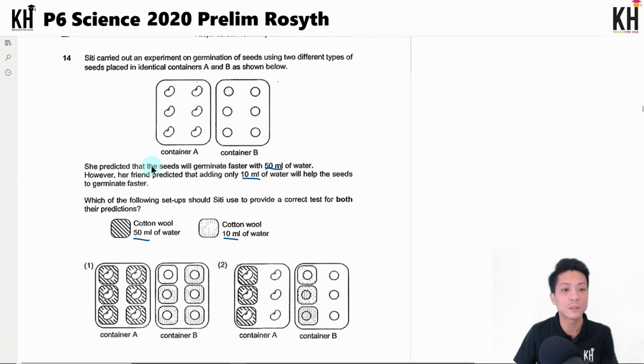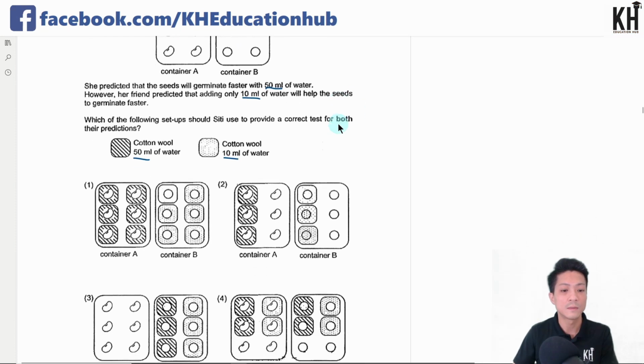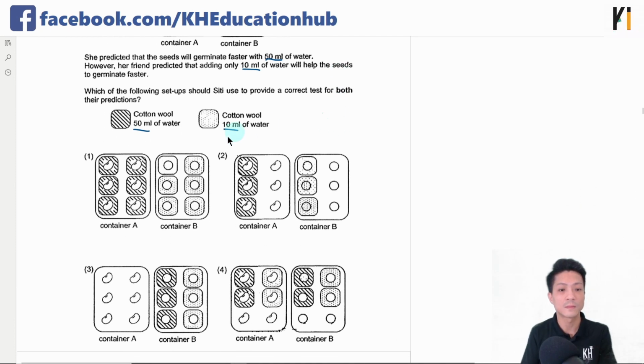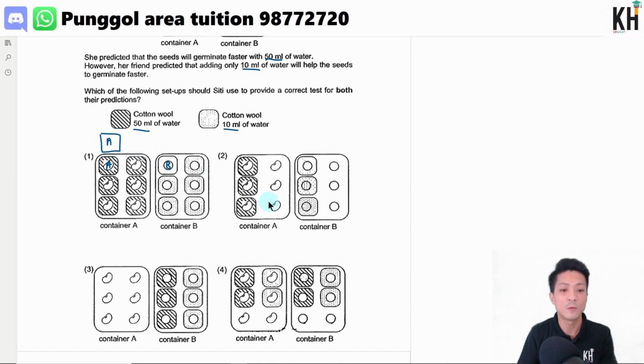Hold on, question again. Oh, there are 2 different types of seeds. So these and these are different types of seeds. So for option 1, let's call this A and B, I don't have the option where there's an A without any water. So number 1, I cannot make the comparison.